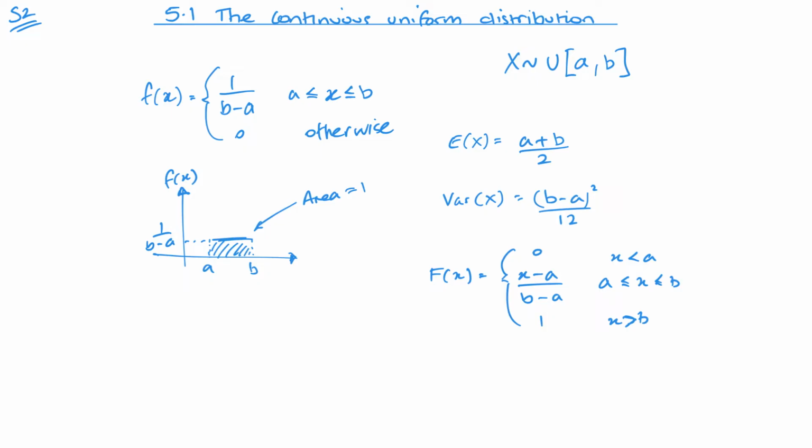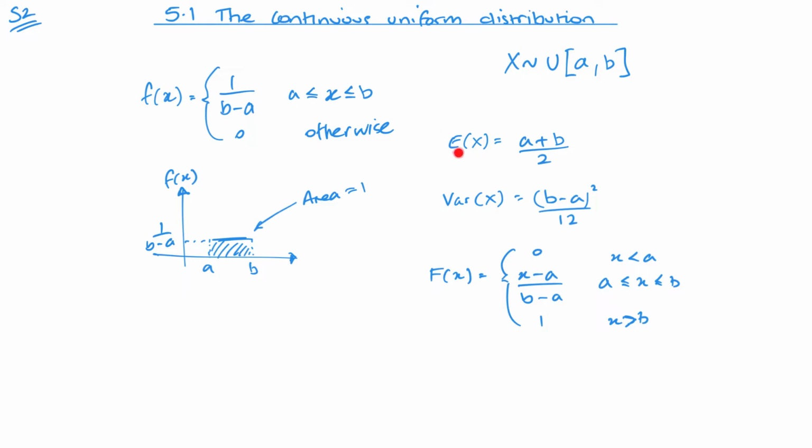Now, just before we get into some examples, a couple of things to note. The main one being that these types of questions will often look like a normal p.d.f, c.d.f type of question, but spotting that it is a uniform distribution will make your calculations so much easier.